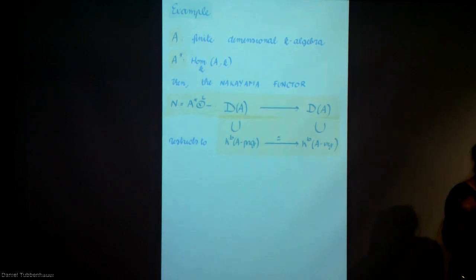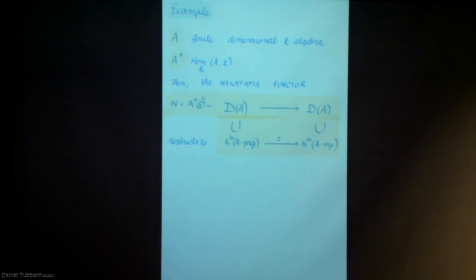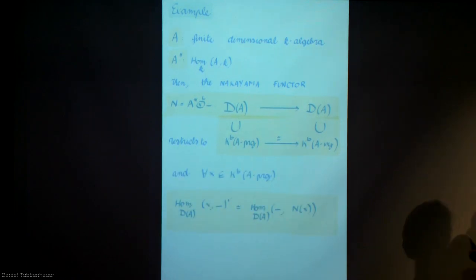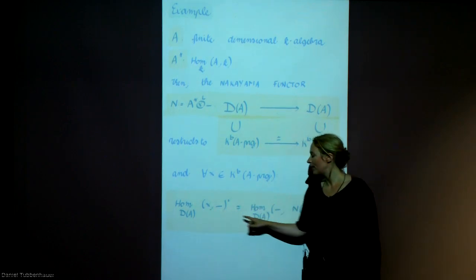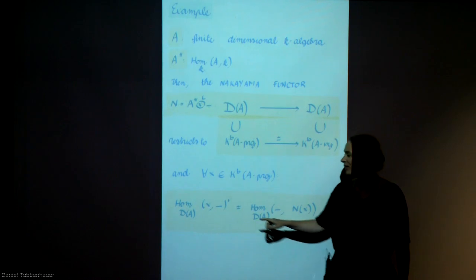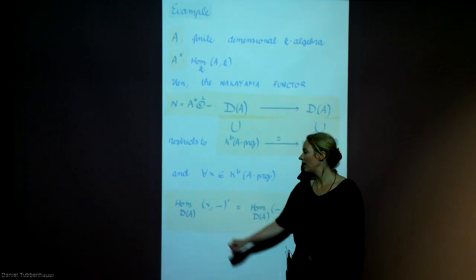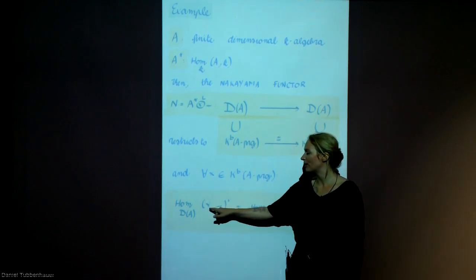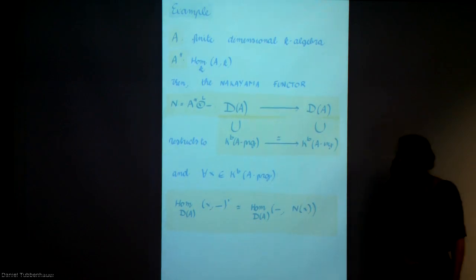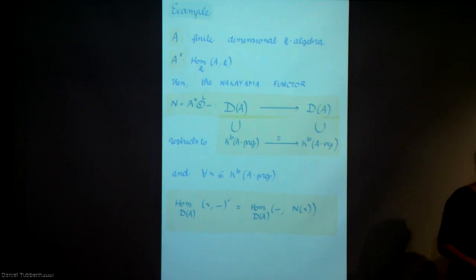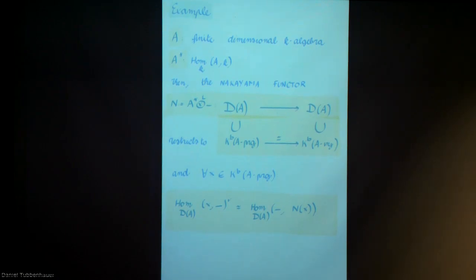So Nakayama sends the projectives to the injectives. And again, we have this nifty formula, this natural isomorphism in the derived category for any bounded complex of projectives X. It goes to the other side, but we have to apply the Nakayama functor to it.